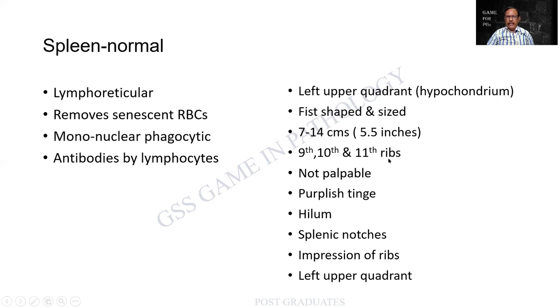These cover the spleen. Normally it is not palpable, and it has a purplish tinge as I had explained. The hilum is a point of entry and exit. Splenic notches can be seen and also the impression of the ridges. Location is left upper outer quadrant.